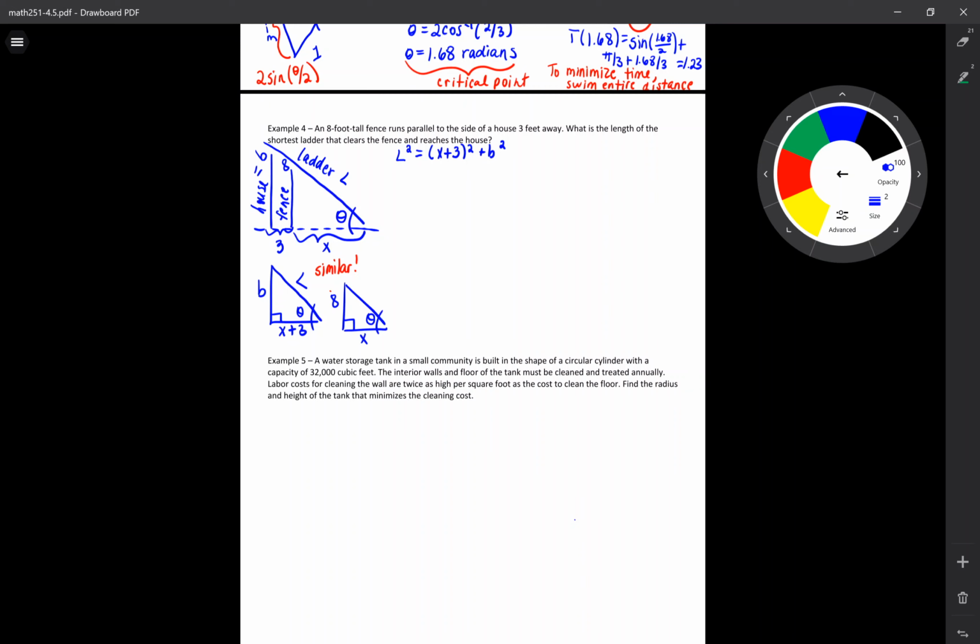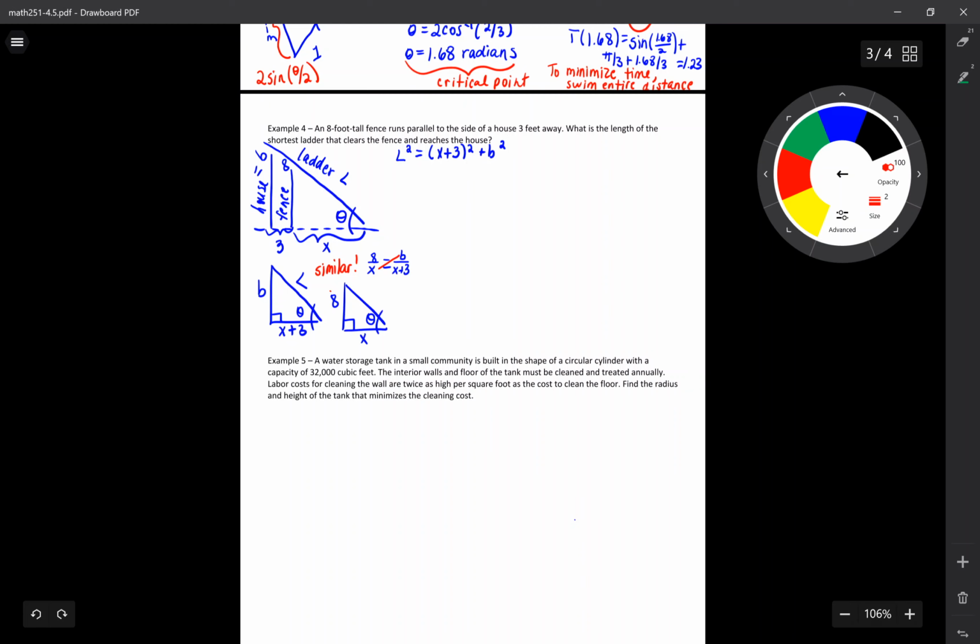So I'm going to use my proportionality here in order to solve for one of the variables in terms of the other. So because these are similar triangles, I know that 8 over x, the proportions of the sides of the smaller triangle, is equal to b over x plus 3.